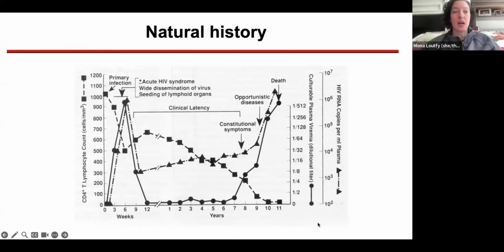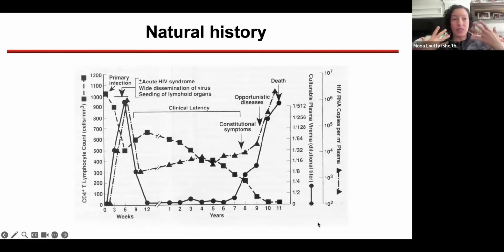And what percentage of people get this kind of flu-like illness after acquiring HIV? It's in the order of 50 to 80%. So actually the majority of the people, if you ask them, do you remember a time where you felt really, really sick? Like you couldn't get out of bed, you had a fever, you were so tired, lymph nodes are swollen, you get sore throat, a cough, maybe even heartburn, and sweats.